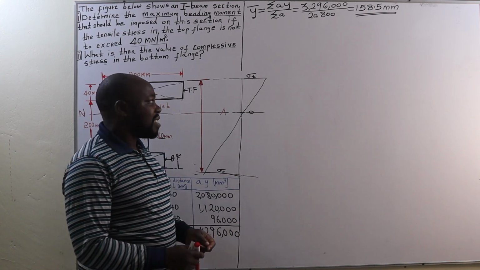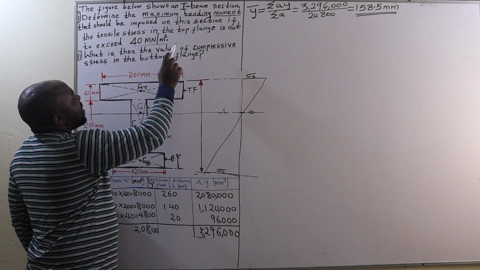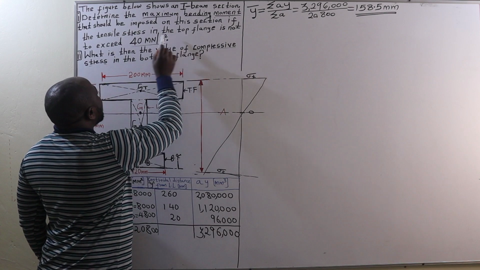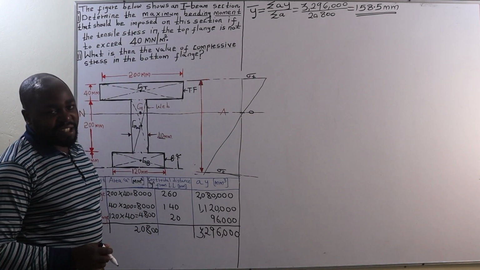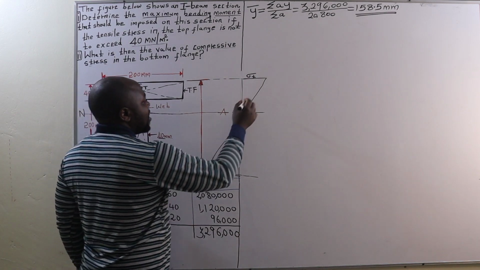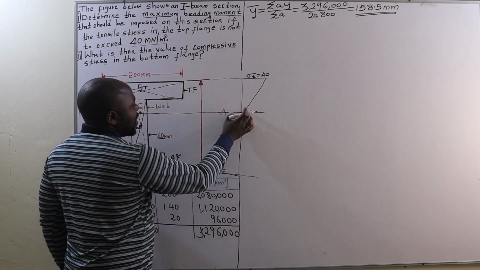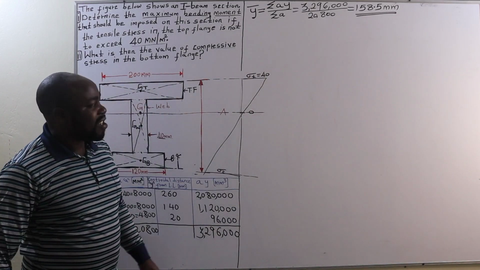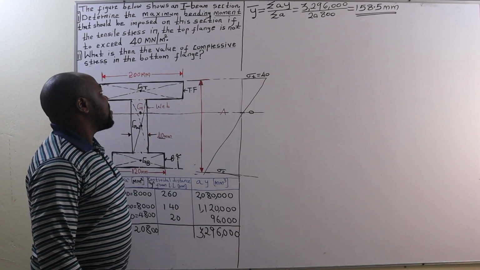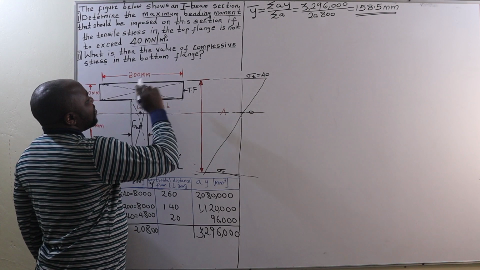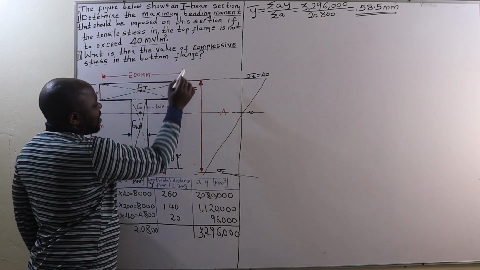That's why the question is telling us that in the top flange, the tensile stress should not exceed 40 meganewtons per square millimeter. Therefore, the maximum tensile stress that the top flange should be subjected to should not exceed 40 meganewtons per square millimeter. We are also asked to determine the value of the compressive stress in the bottom fiber.